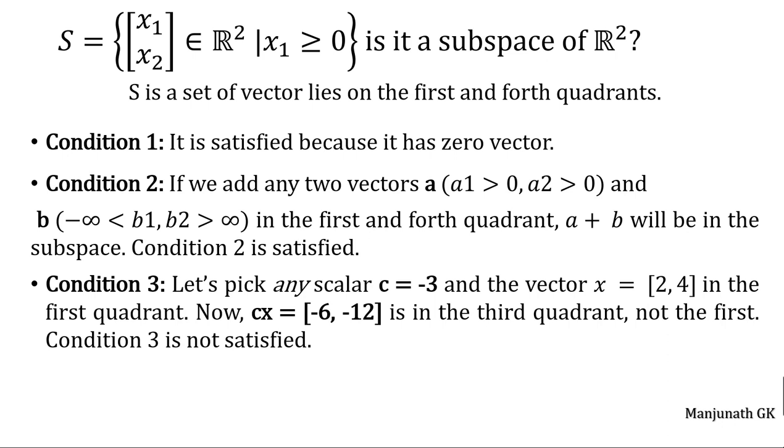It is in the first quadrant. If the scalar is multiplied with that vector, the result is (-6, -12). It is in the third quadrant, so condition 3 is not satisfied. As a result, the given set of vectors S is not a subspace of a space of two dimensions. All right.